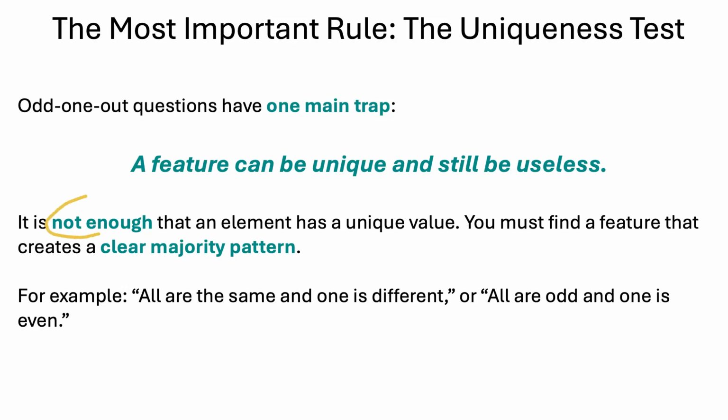So it's not enough that an element has a unique value. You must find a feature that creates a clear majority pattern, where the keyword here is really majority, as we'll see through the rest of this lesson. So for example, all are the same and one is different, or all are odd and one is even.